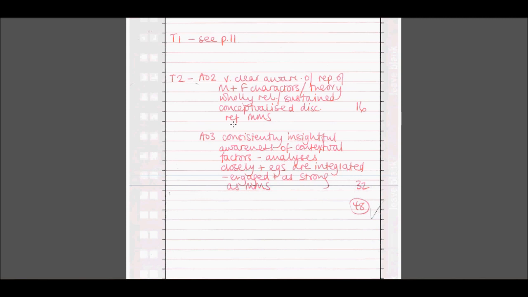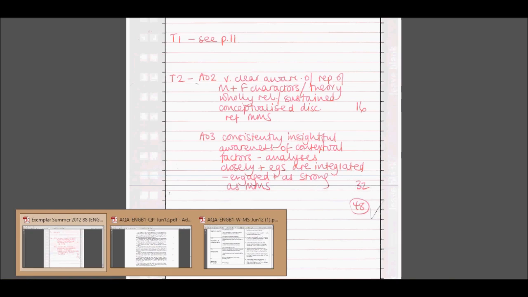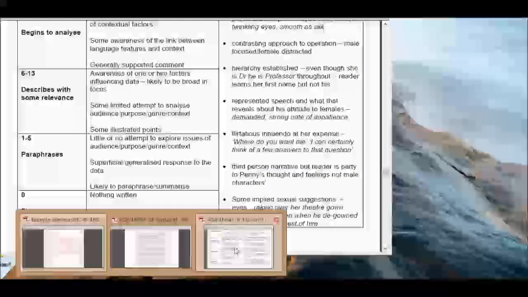Where it says reference the model mark scheme, this is what the examiners are given to refer to show a really top-notch model answer. In terms of context, in AO3, the examiner deemed it consistently insightful. There is an awareness of contextual factors, analyses closely, and examples are integrated. It was an engaged and strong response, and actually got full marks. Just to refer one last time to the mark scheme, there it is.